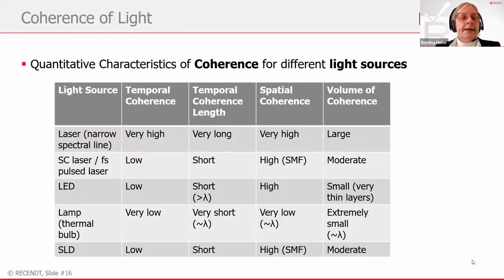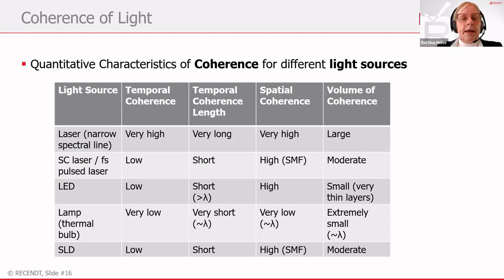Here is a short overview of different light sources, I think you maybe know it. Lasers have very high temporal coherence and also high spatial coherence. On the other side of the spectrum, we have thermal light sources with very low temporal coherence and also very low spatial coherence.